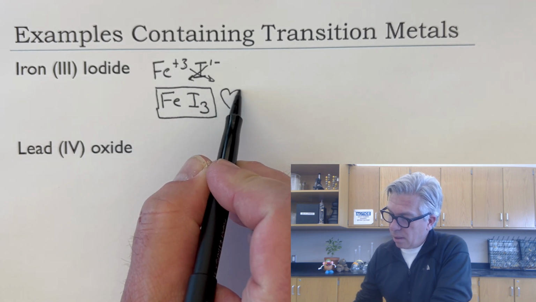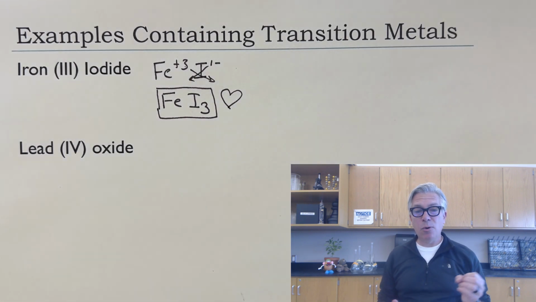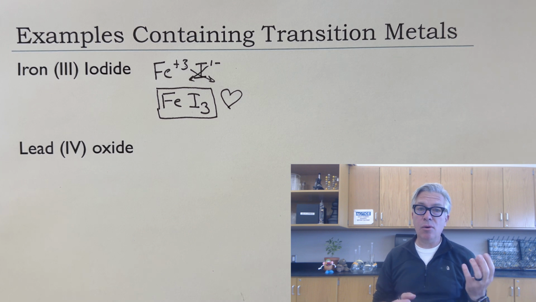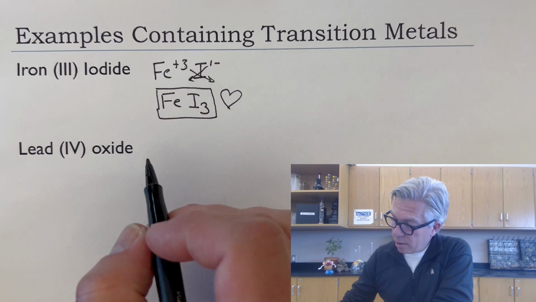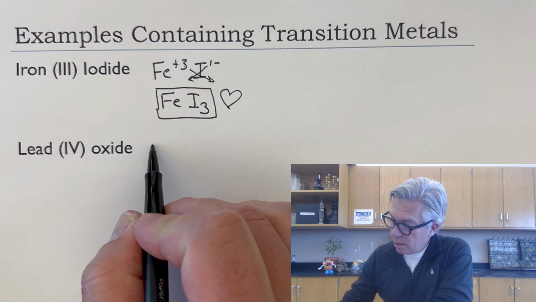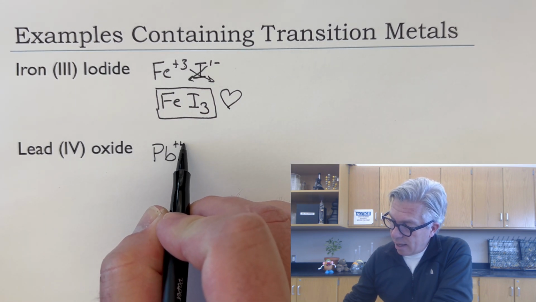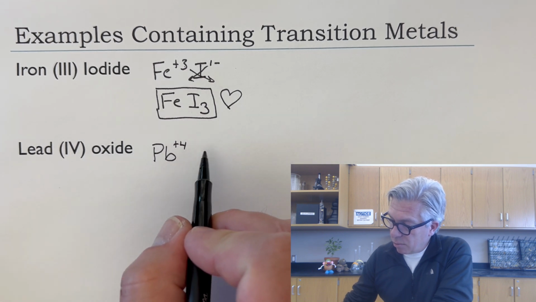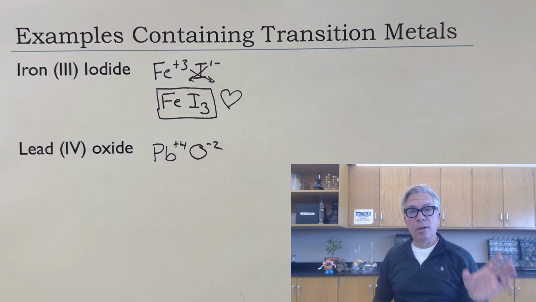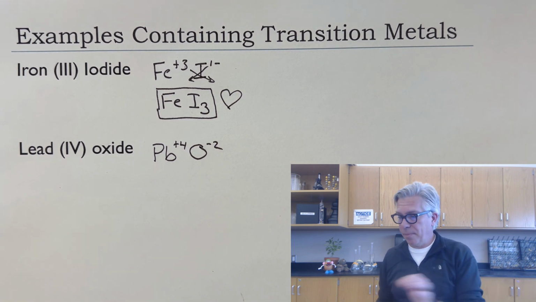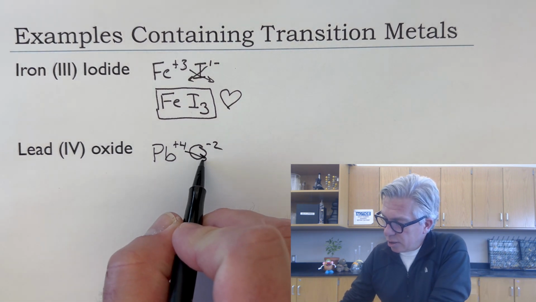Okay. All right, let's do another one. Lead 4 oxide. Lead can be a +2 or a +4, just because. And what we're going to be doing is using the +4. So we're just trying to get in the habit of just writing it down, not having to worry about it. +4 and O and -2. So let's first do the shortcut where we cross those charges to get the subscripts.